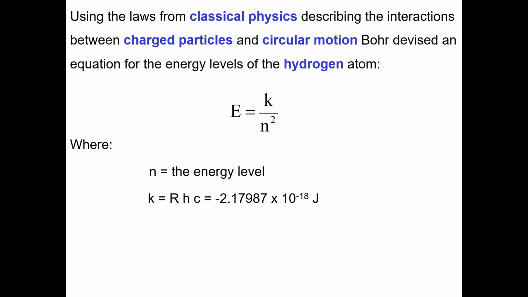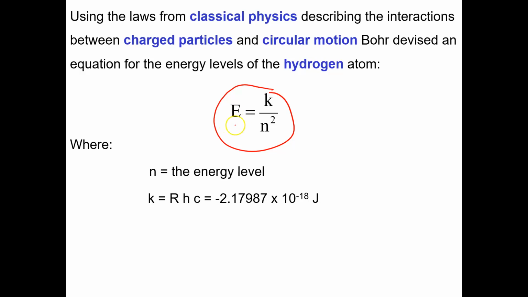So Bohr used the rules that describe how particles move in circles in combination with the laws that describe how oppositely charged particles interact with one another. And he came up with an equation that gives the energy of an electron in a particular orbit in a hydrogen atom. And this is his little equation.